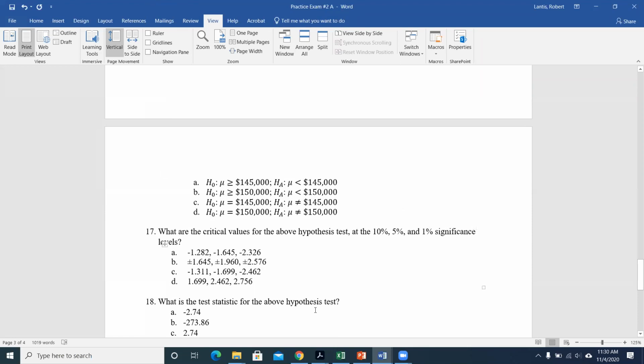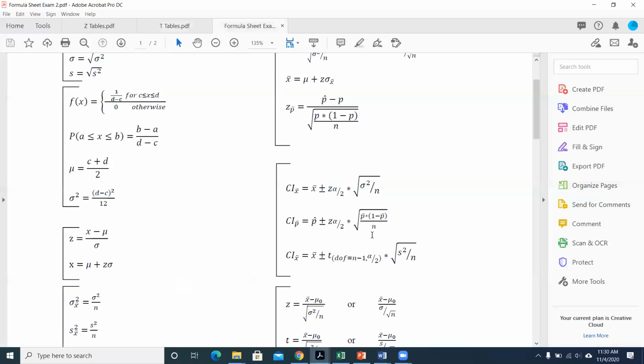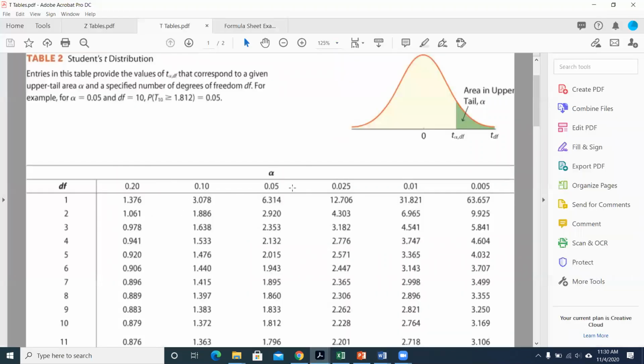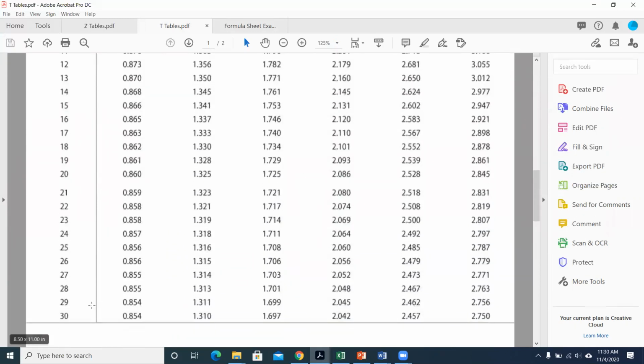The second thing we needed with that student t distribution, as the confidence interval equation reminded us, is our degrees of freedom. That was just our sample size minus 1, which here our sample size was 30, so our degrees of freedom would have been 29. So then we went to that student t table. Here are the columns that represent the three alphas that we wanted. And then when we scroll down, degrees of freedom was 29. Is that what you were asking?